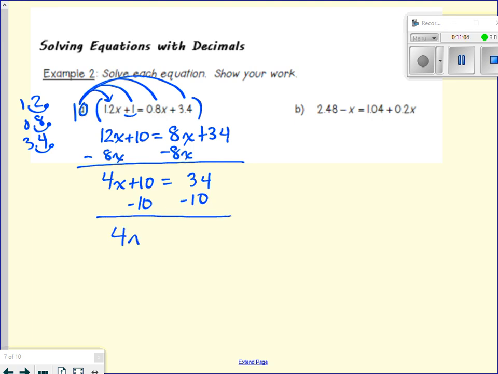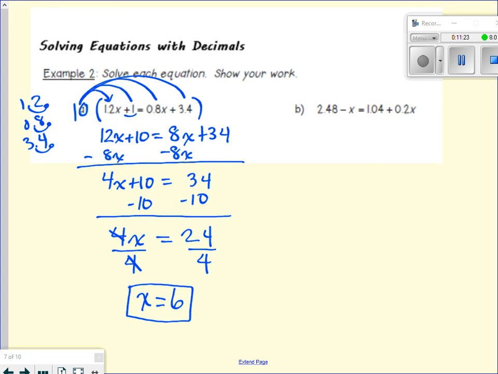So we can do 4x equals 24. Do the inverse and divide by 4. And that leaves us with x equals 6. All right, let's do one more example together.